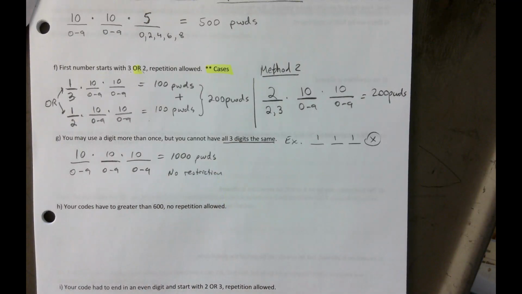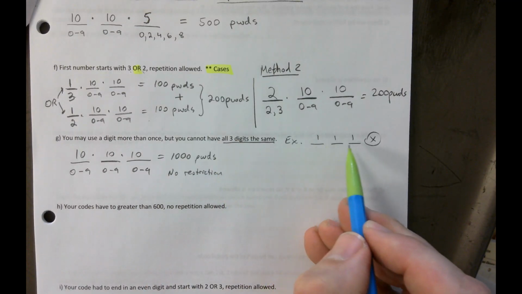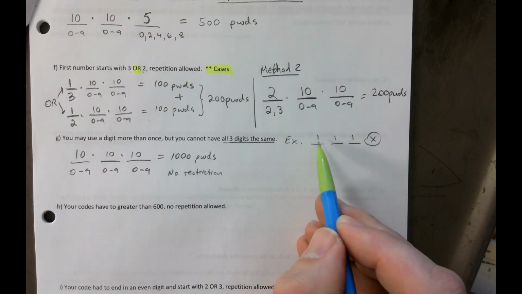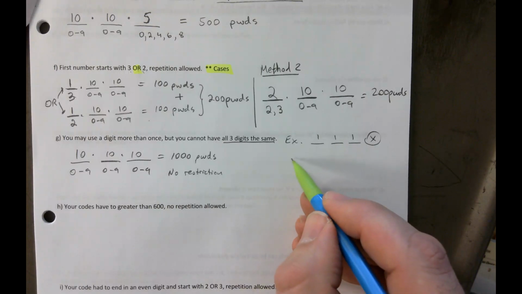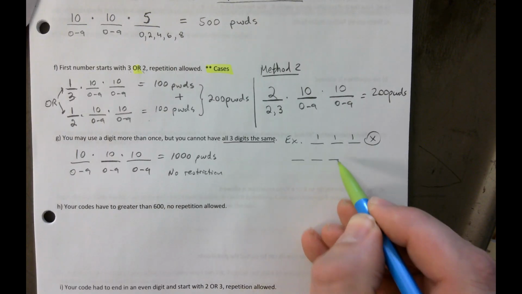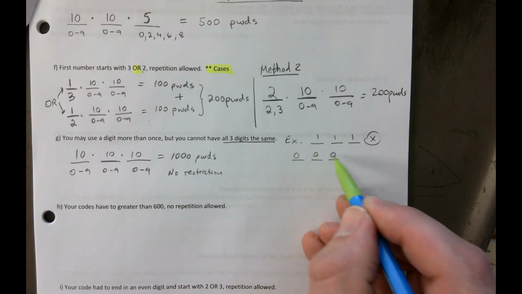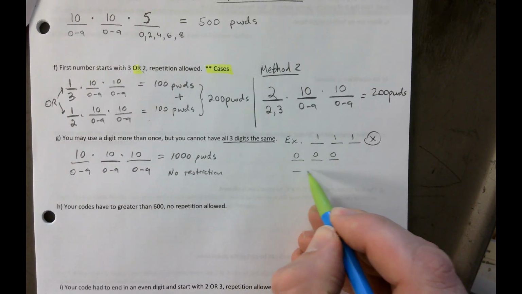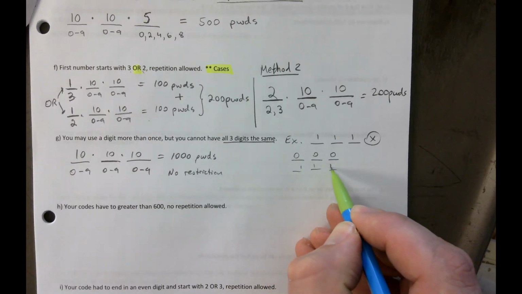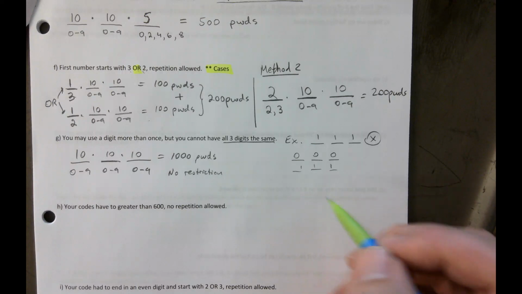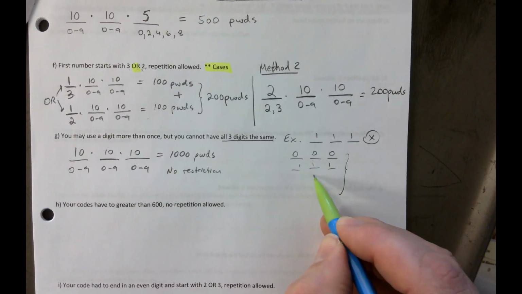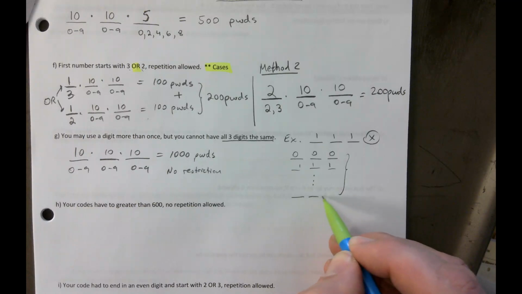Okay. How many of these passwords are possible where all 3 are the same? It would be 0, 0, 0. It would be 1, 1, 1. How many passwords do you think there would be? 10, right? I'll just go dot, dot, dot. The very last one would be 9, 9, 9, right?